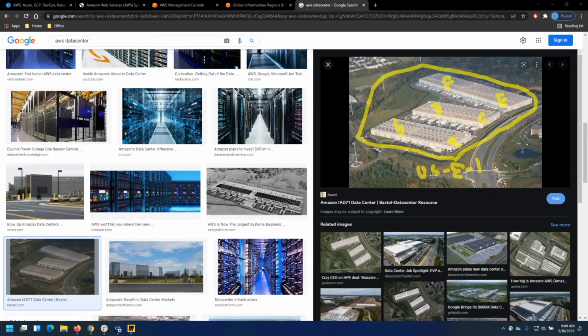So what happens if you keep your resources in multiple buildings? Each building has its own power supply.